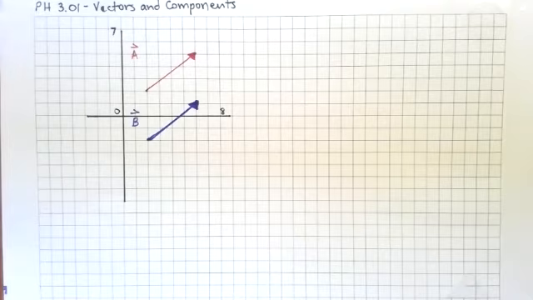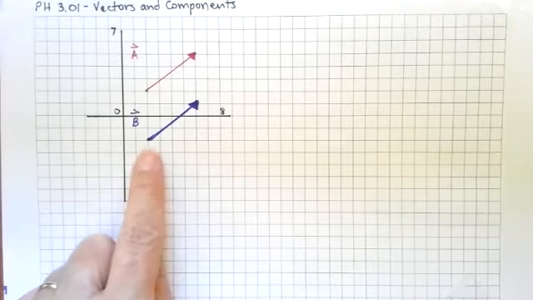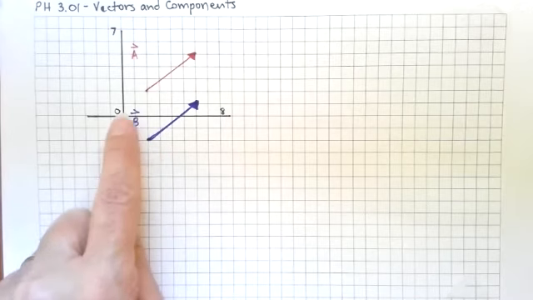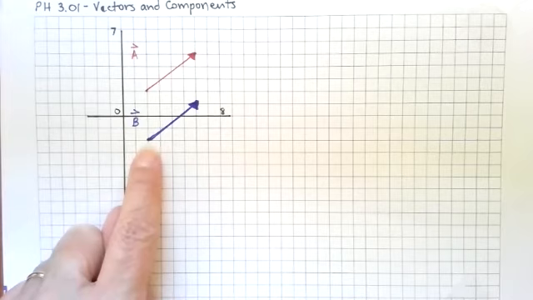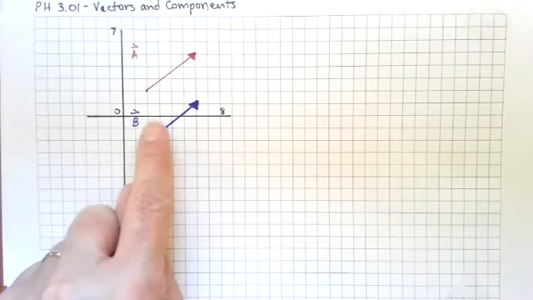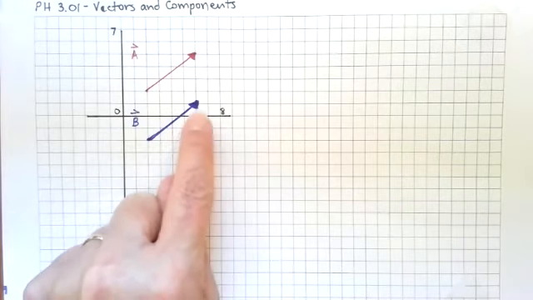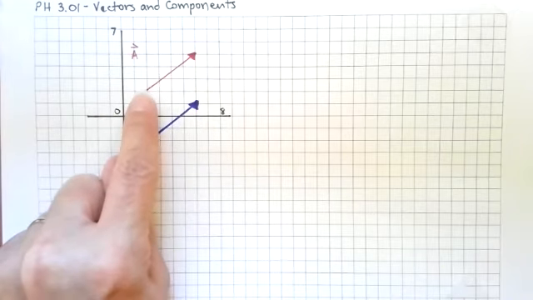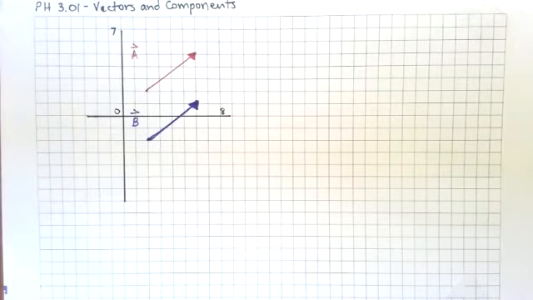The answer is they are. Some of you said no, they're not the same vector because this guy starts at +2, -2, and ends at 6, +1, and this guy starts at 2, 2, and ends at other coordinates.